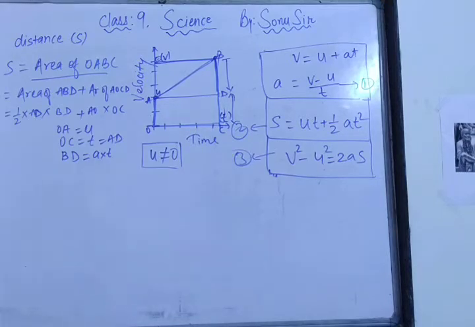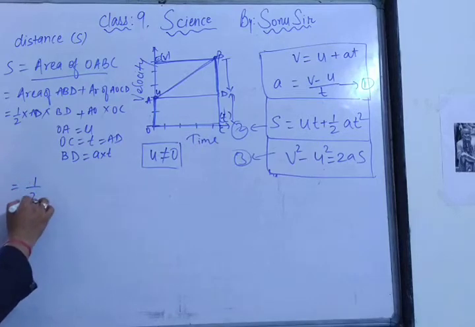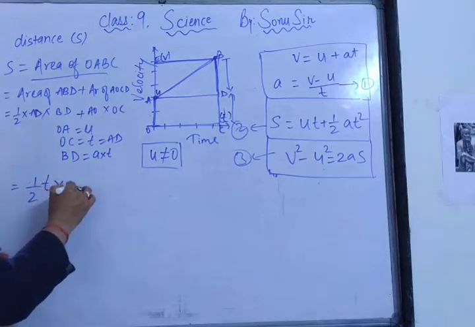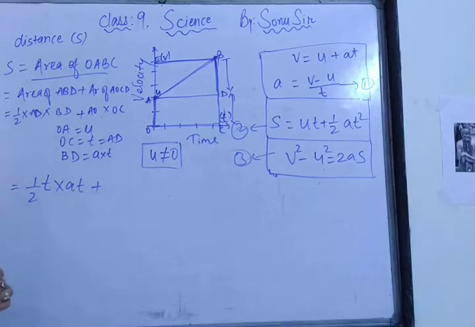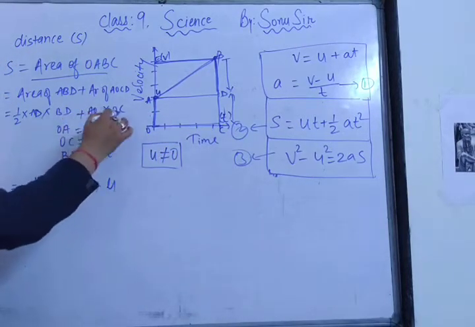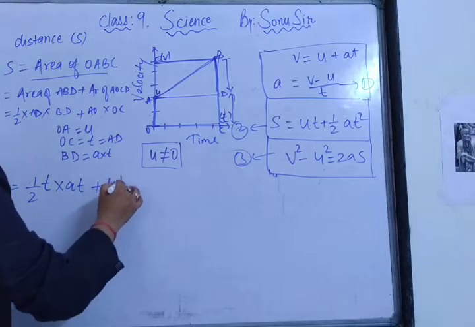Now let us calculate the total distance. s is equal to the area of ABD, half into AD into BD, plus the area of the rectangle. Here s is equal to half, AD is equal to t, into BD, which is equal to at, plus AO into OC, where AO is equal to u and OC is equal to t.